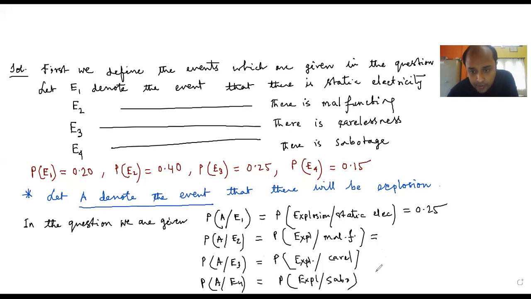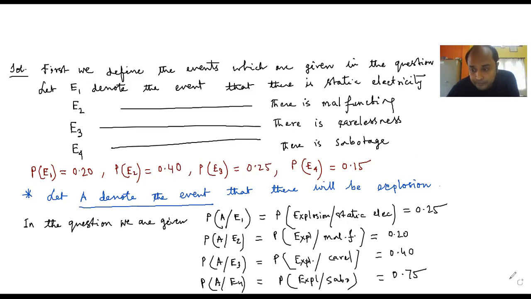Okay, all these probabilities are given. So let me put the values: 0.20, 0.40, 0.75. Now, what am I supposed to find? I'm supposed to find what is the most likely cause of the explosion.